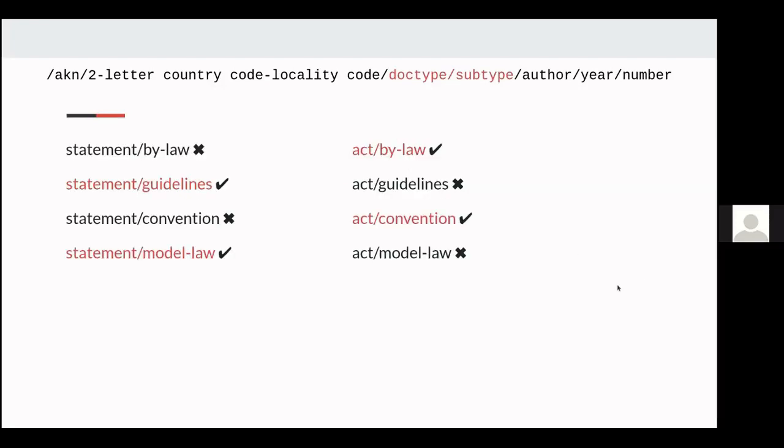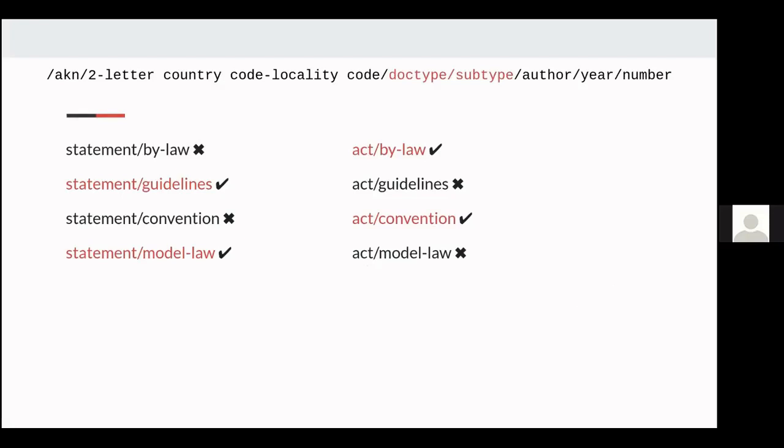And as I mentioned a little earlier, we keep the same subtype with the same doc type always. So we'll never have a model law under the ACT doc type, and we'll never have guidelines under the ACT doc type, for example. And as I said, that's just to keep it consistent.